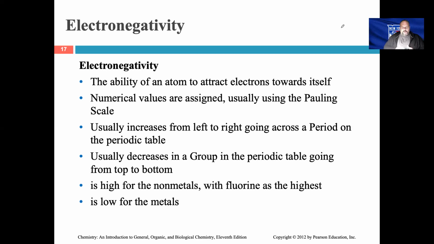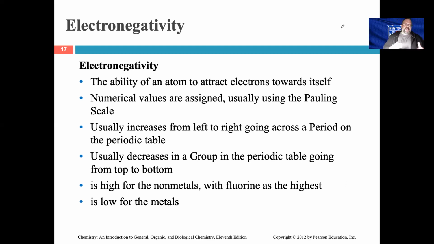Now, it turns out that nonmetals tend to have high electronegativity values. So let's think about the rationale for that. If you think about what nonmetals have done so far in chemical bonding, we've seen them share valence electrons, but we've also seen them do what? We've also seen them gain valence electrons.